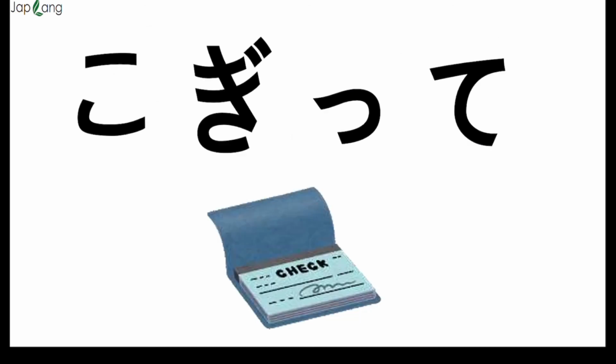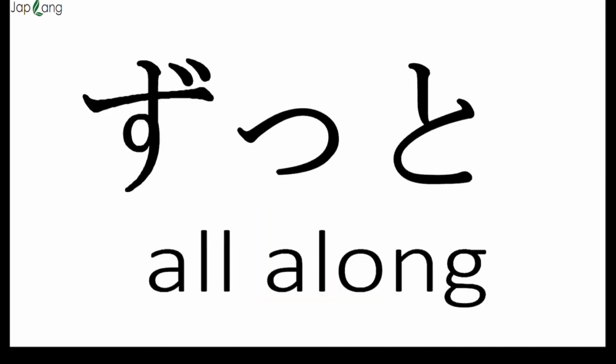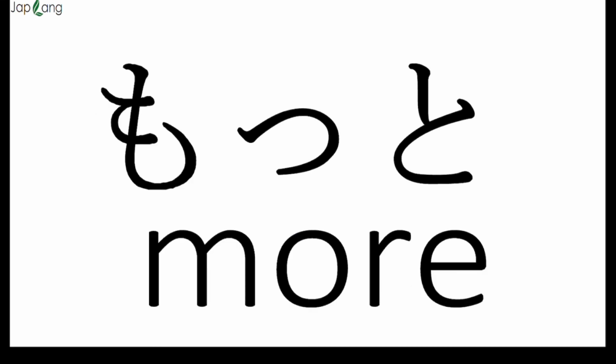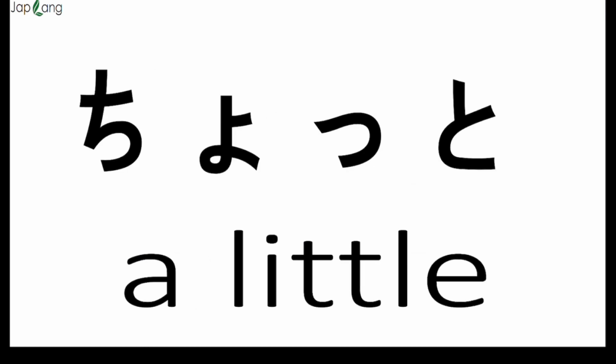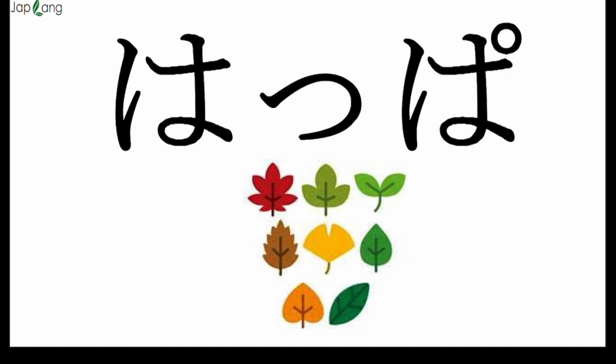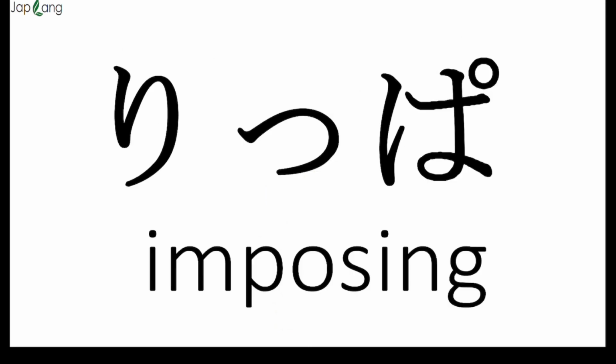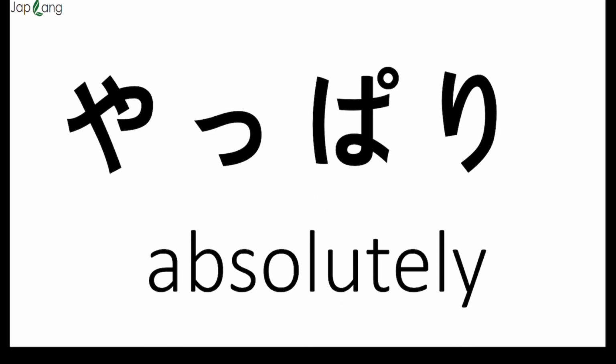And check is kogitte, all along is zutto, throughout it's called zutto, more is motto, at last is yatto, a little is chotto, and leaves are called happa.